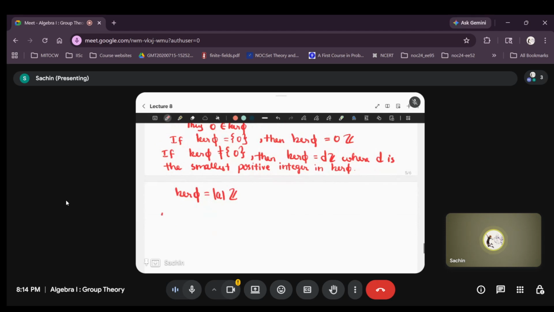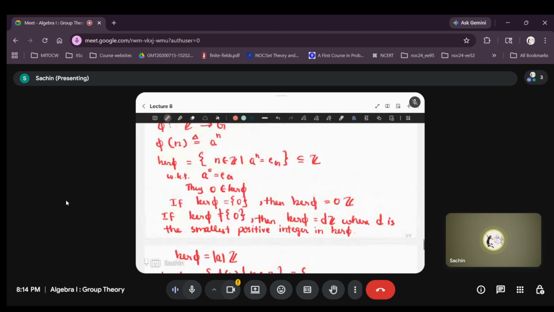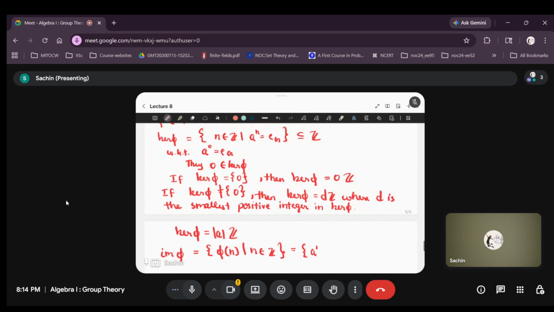What about the image of phi? Image of phi is the set of phi(n) such that n is in the domain, which is Z. phi(n) is a power n. What is this?